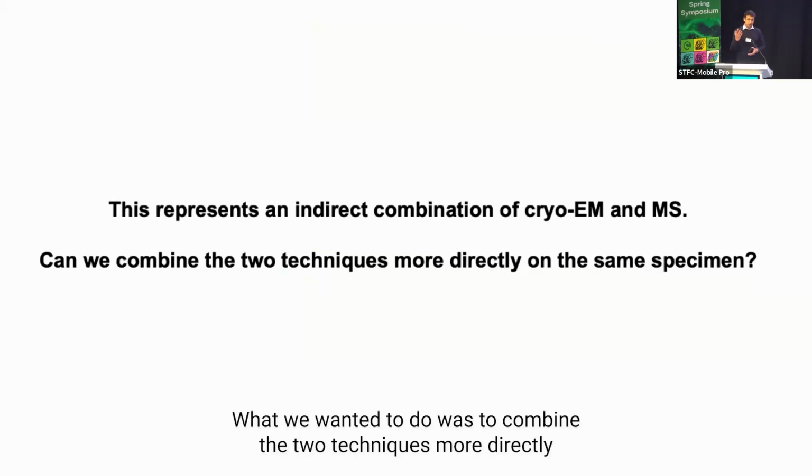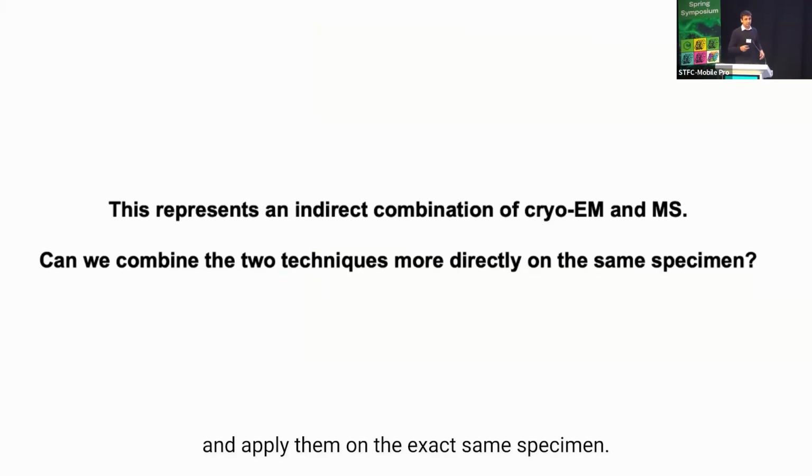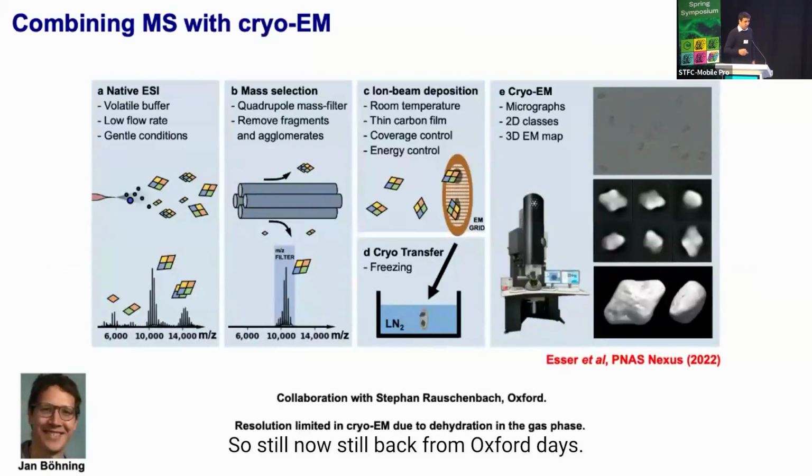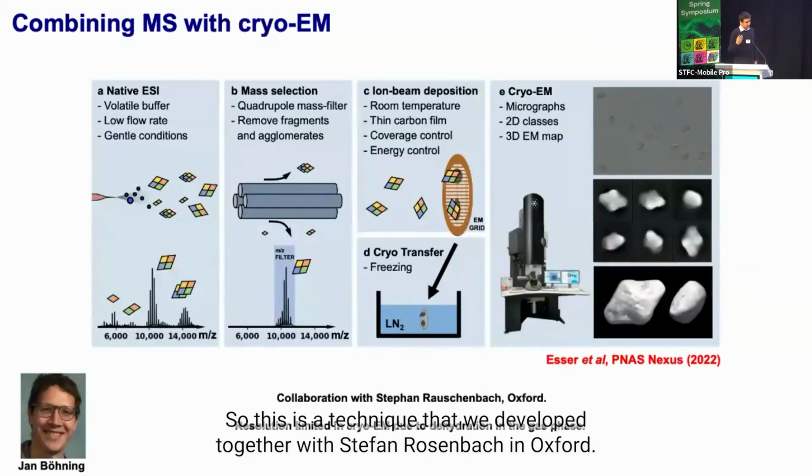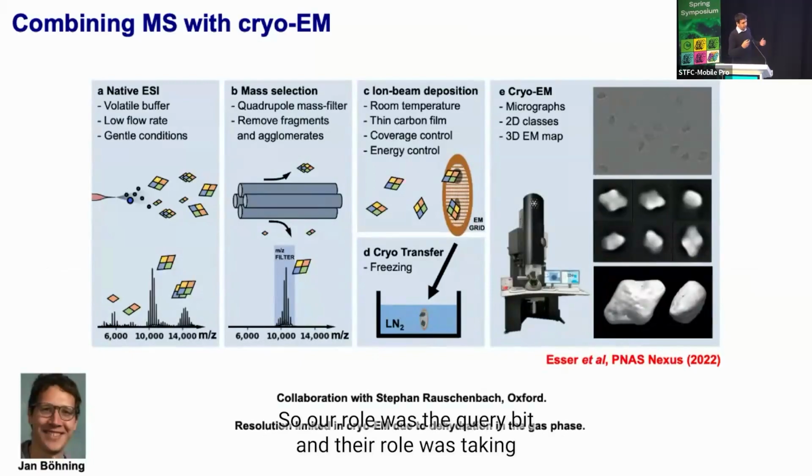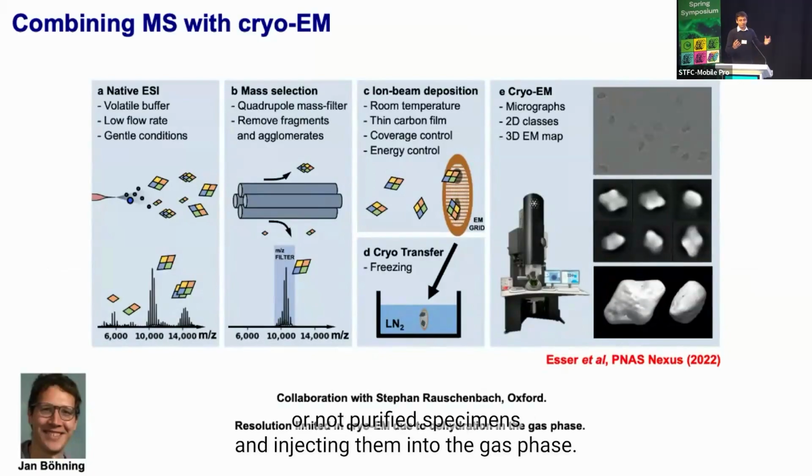What we wanted to do was to combine the two techniques more directly and apply them on the exact same specimen. So, still back from our Oxford days, this is a technique that we developed together with Stefan Rauschenbach in Oxford. Our role was the cryo-EM bit, and their role was taking these purified, or not purified, specimens and injecting them into the gas phase.